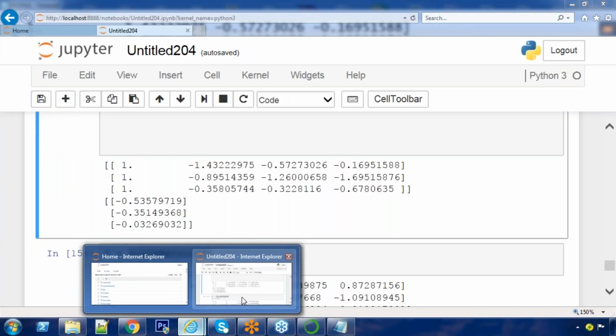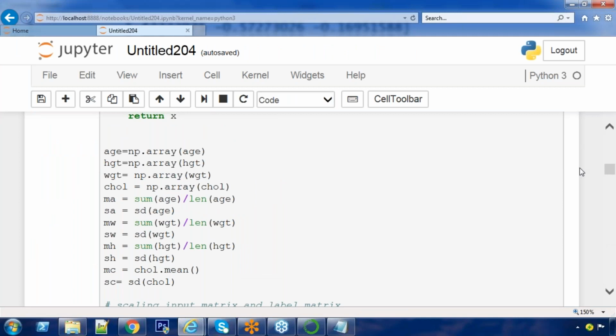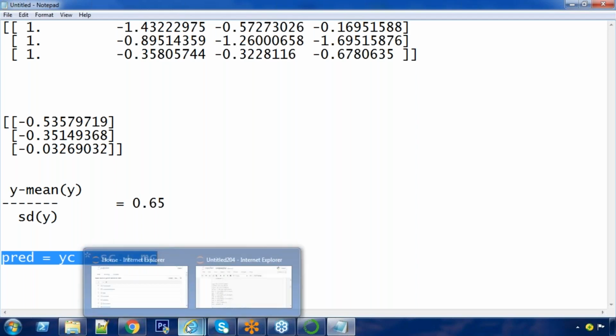It's the name we kept, MCSC we said: mean of cholesterol, standard deviation of cholesterol. Yc times the standard deviation of cholesterol plus the mean of cholesterol. Understand? This is what your predictions are. Let's say predictions is equal to that. Just run it.